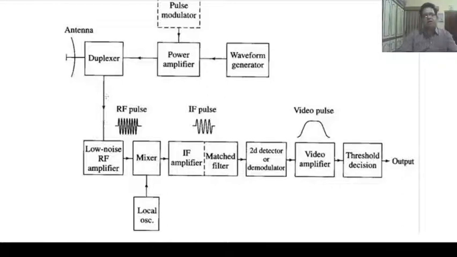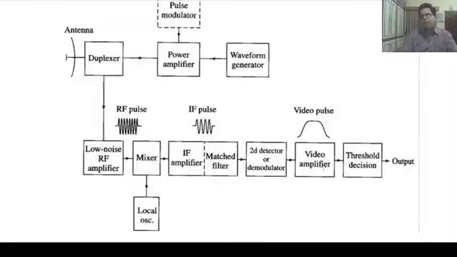After that, this signal goes to the low noise radio frequency amplifier. From here RF pulses, and using a local oscillator and mixer, the signal goes to the IF amplifier. And the IF pulse, with matched filter, goes to the detector or demodulator.